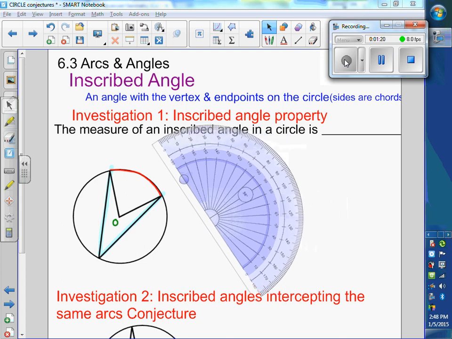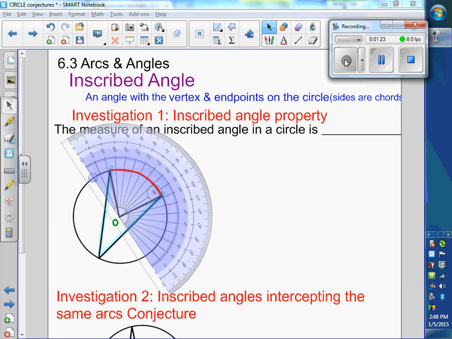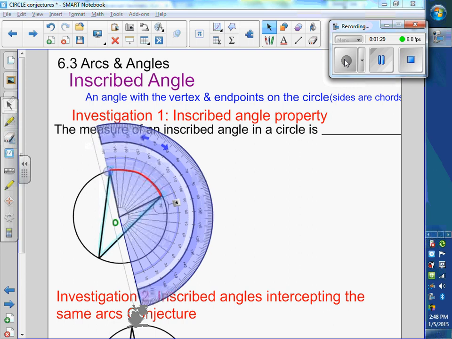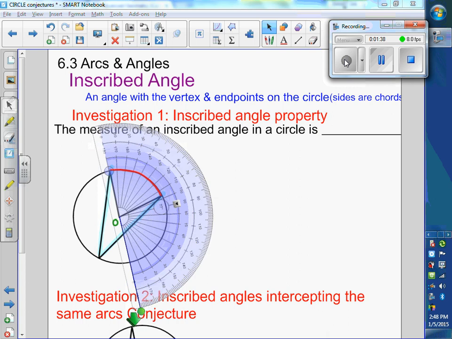So if I took my protractor and measured angle O, I would just have to line my protractor up and measure angle O. If we look at this protractor here, I'm going to use this dynamic angle, and then it should give me my measure.